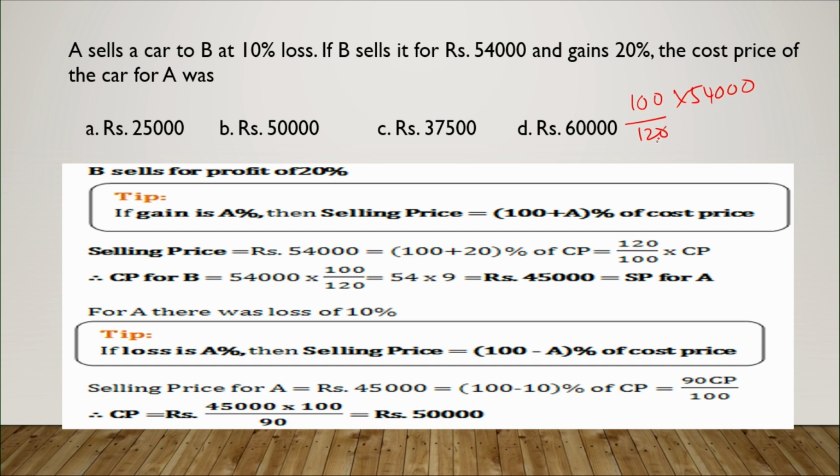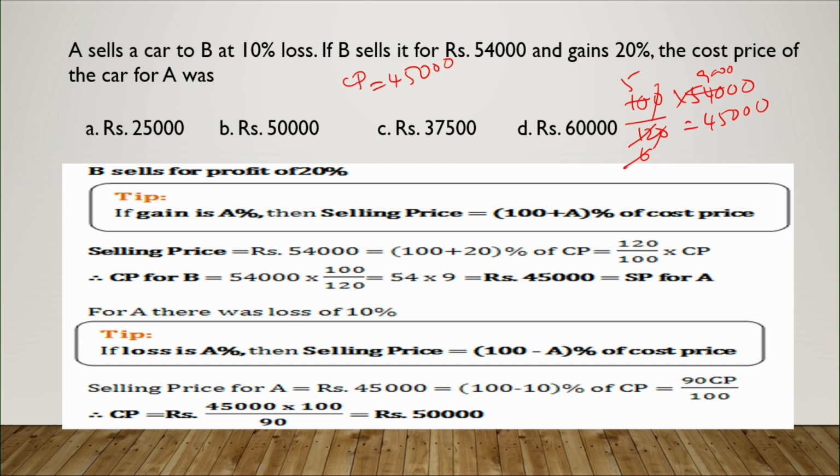This 0 and this 0 get cancelled, and you calculate: 2 5s, 2 6s, 6 9,000, so it is 45,000. So the CP of B is 45,000.